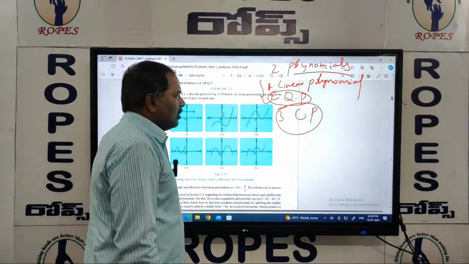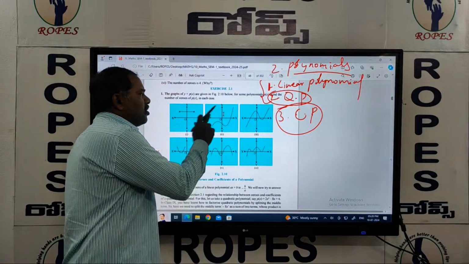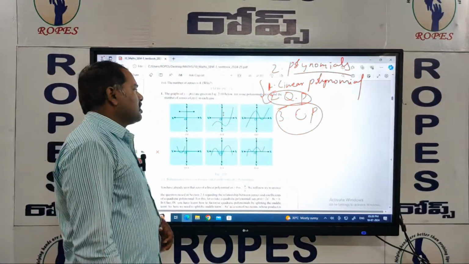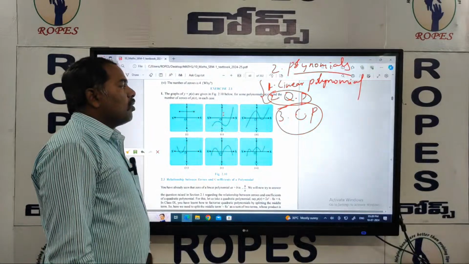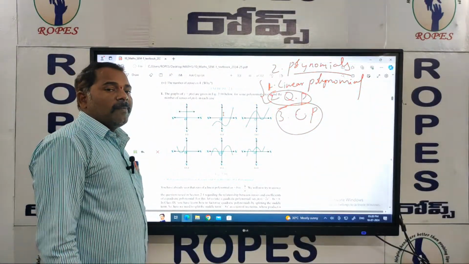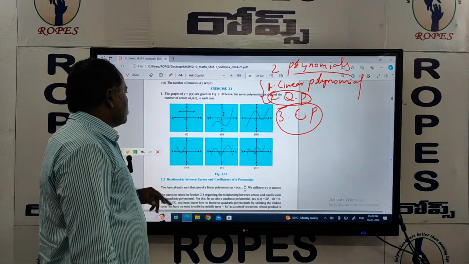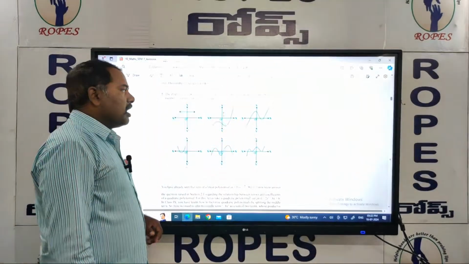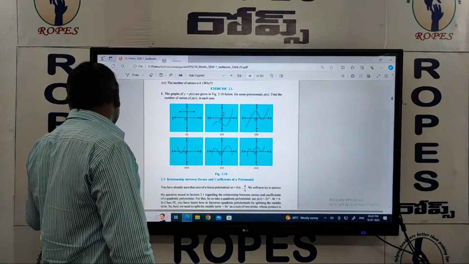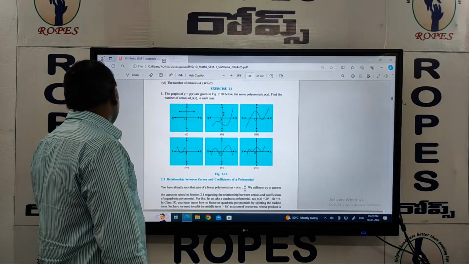Before going to the exercise, first we will learn the relation between the zeros and the coefficients of the linear, quadratic and cubic polynomials.